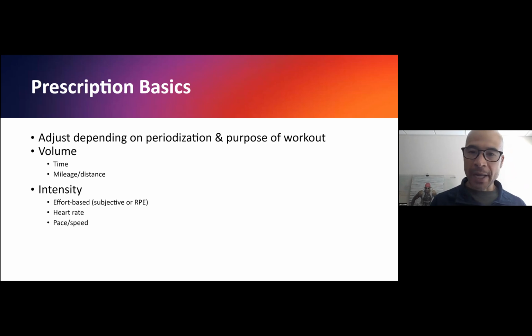Again, go by how you feel, and then pace and speed, right? You're either going 7-minute pace or you're not. So if you think about it that way, pace is a very, very good way to measure intensity. So I encourage you to play around with those variables and see what works best for you.